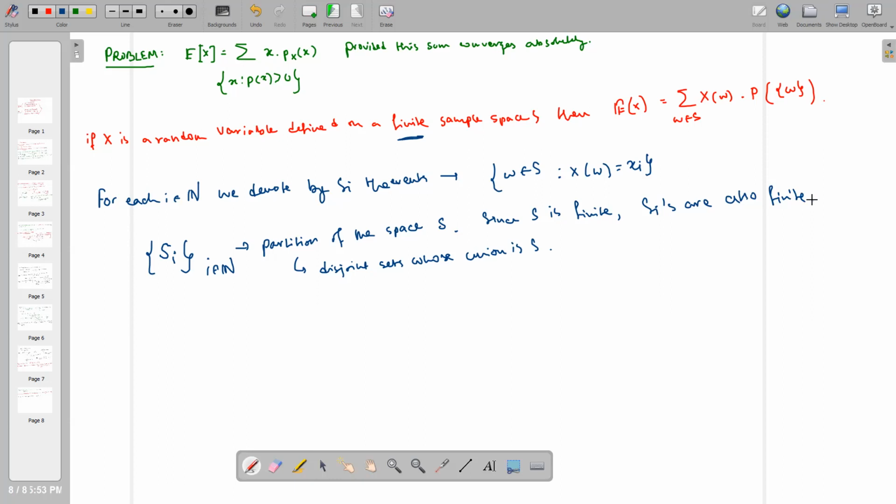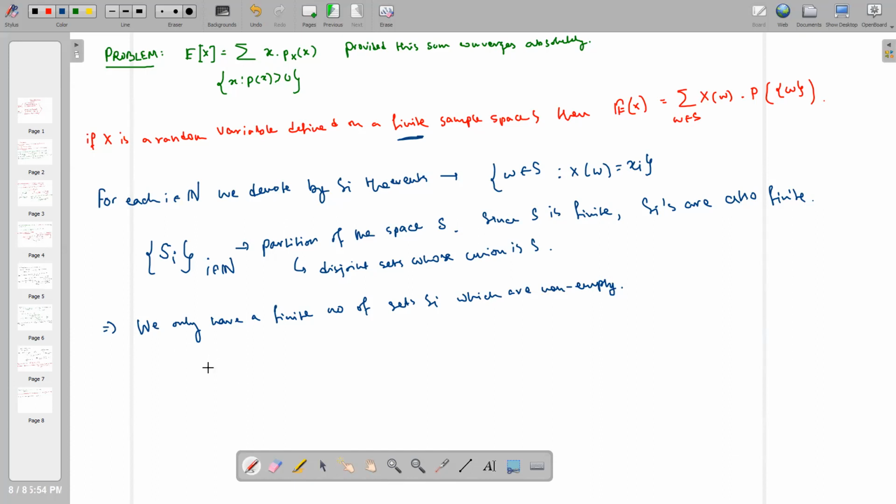Now we only have a finite number of sets S_i which are non-empty, right?